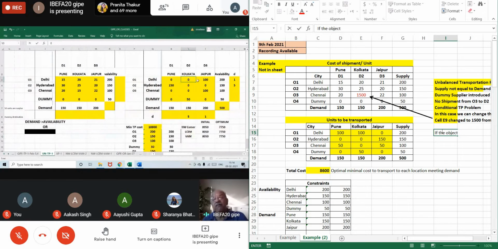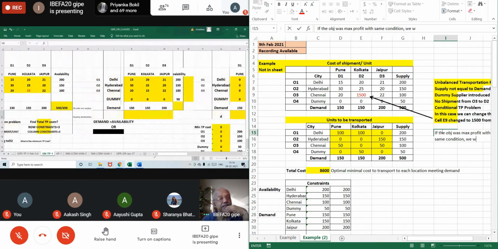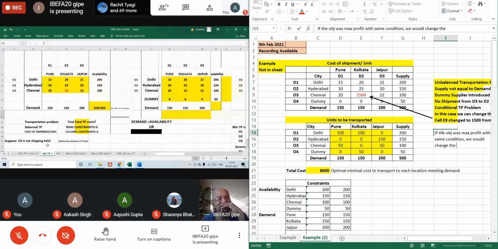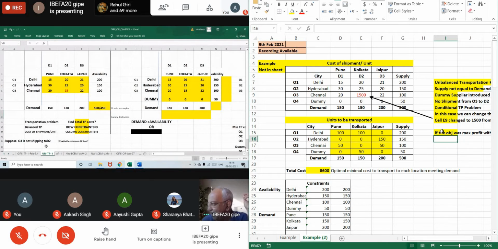Now, when the conditions are there in a transportation problem, can you have so many conditions? O3 doesn't want to ship to D2, O2 doesn't want to ship to D3, O1 doesn't want to ship to D1. Is it possible? Yes, sir.